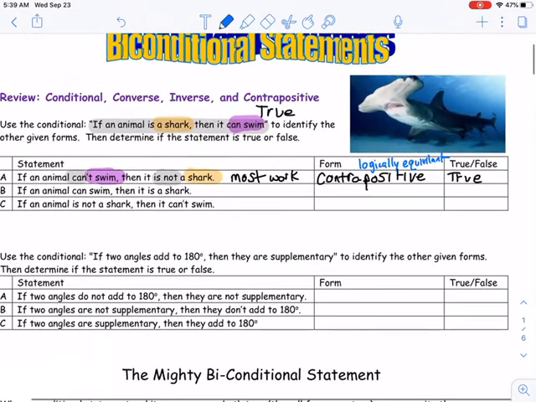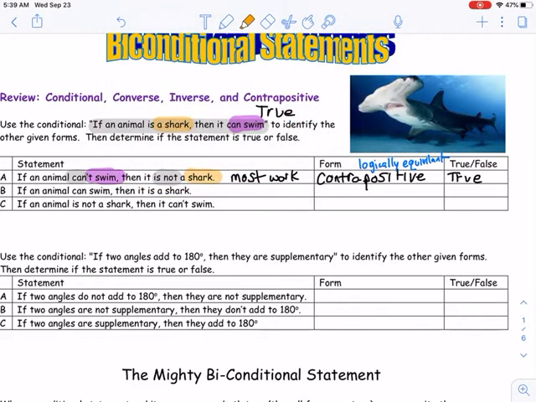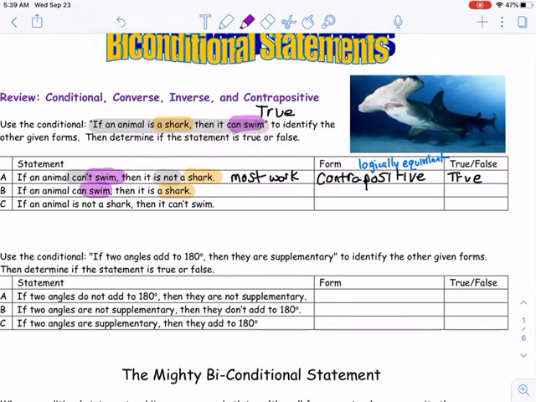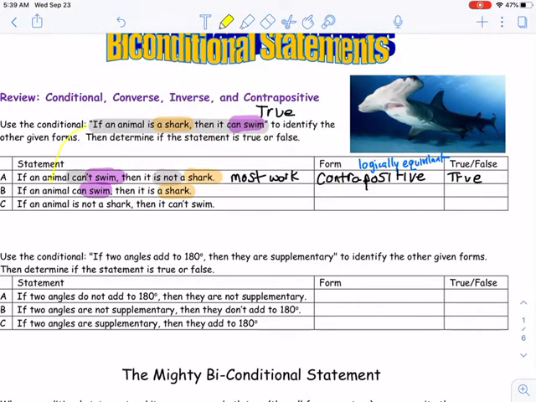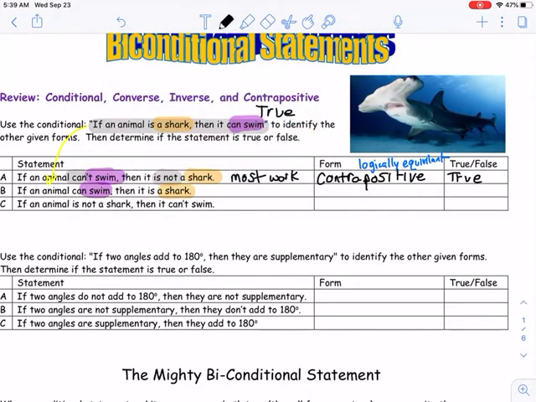Alright? If an animal can swim, then it is a shark. So let's analyze this one. Now, shark is in the conclusion. Swim is in the hypothesis. So we've swapped the order from the original statement, so we're always looking from the original statement down to here. So I swapped the order. So, converse.